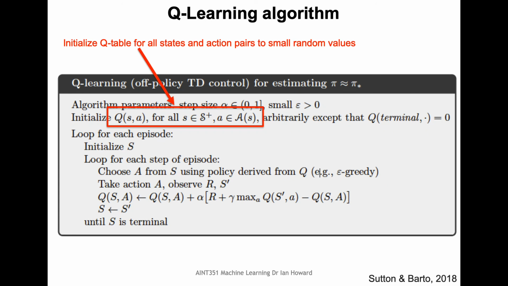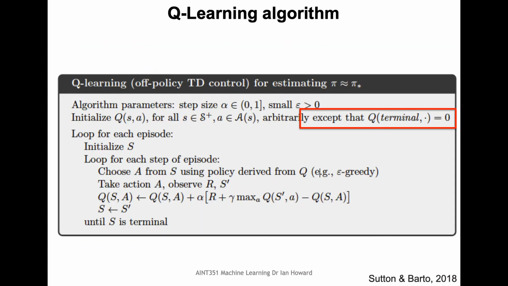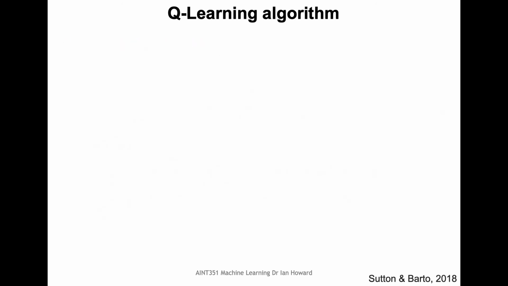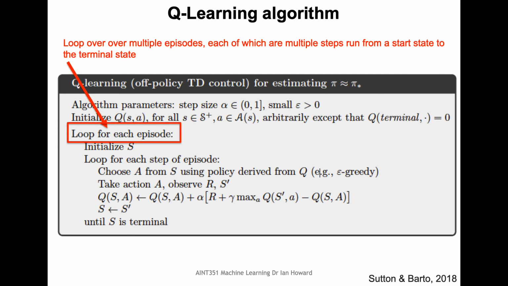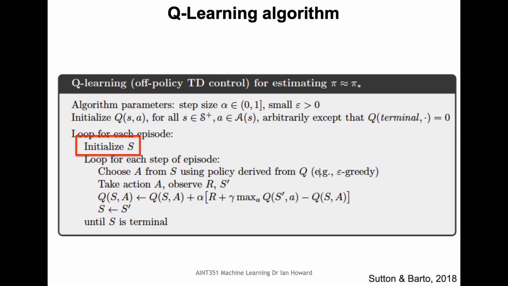We need to set them to some small random values, for example, obviously not at the terminal value, which is going to be 0. Then we're going to have loops across episodes. An episode is until it finally manages to get to the goal from the starting point. And for each episode, we initialize a starting state randomly.